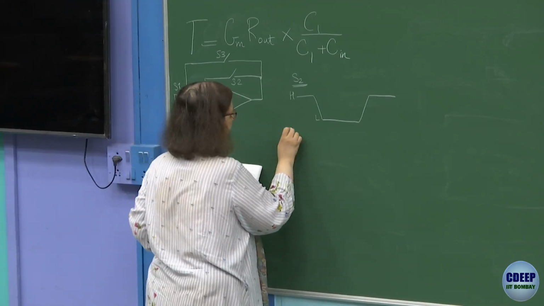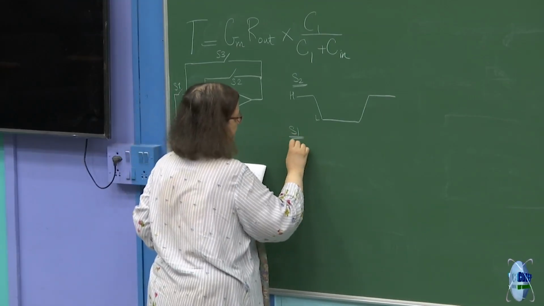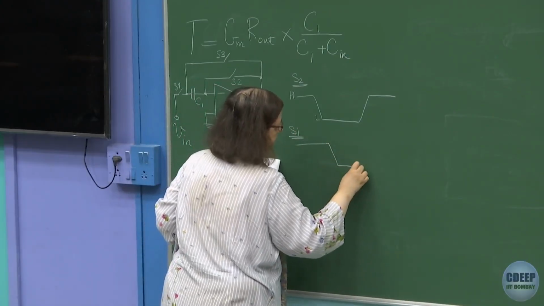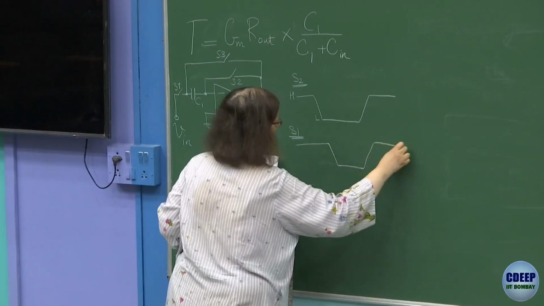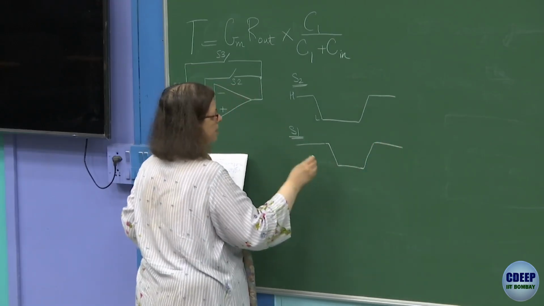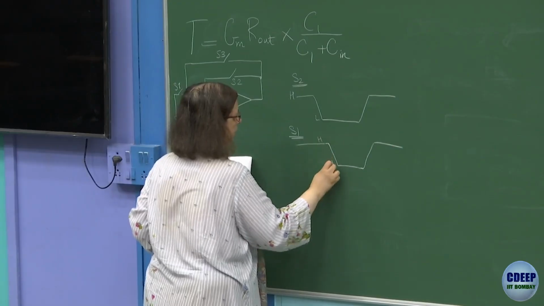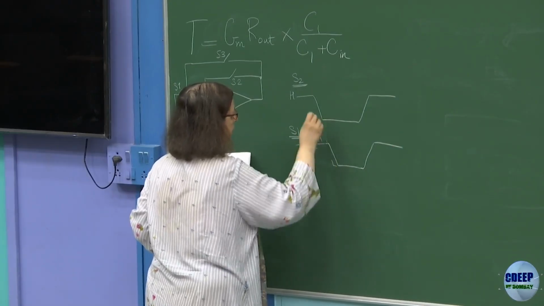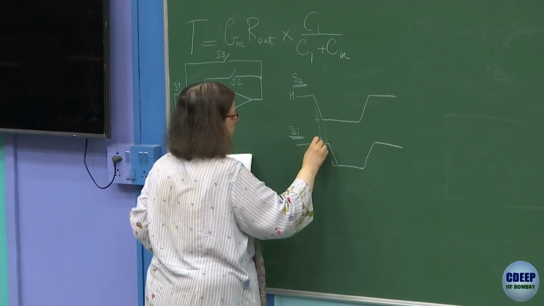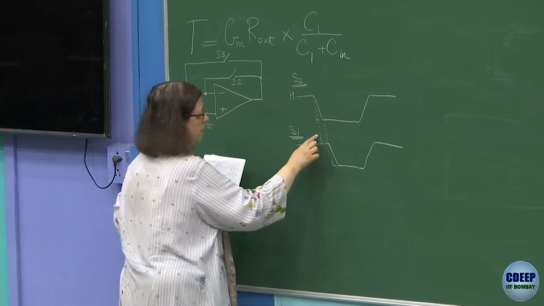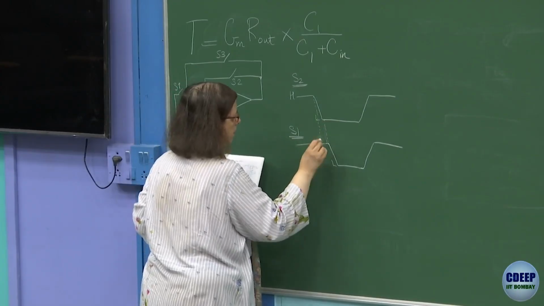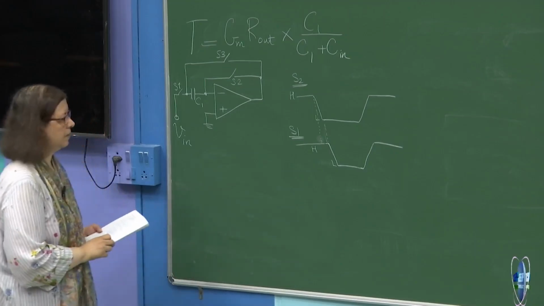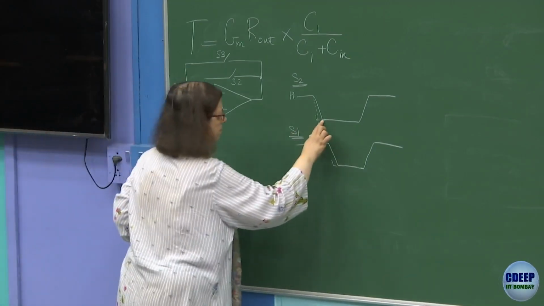Therefore, the falling edge of S1 will come a little later. So this is for S1, same logic high, logic low. So there is a delay, let's say here. So this kind of delay.